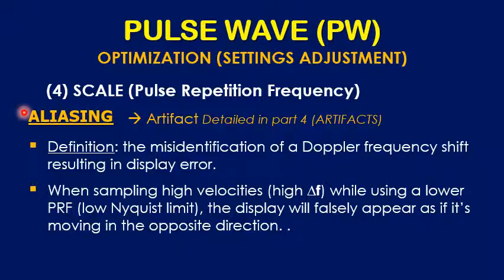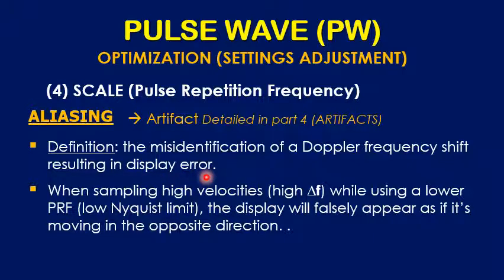But let's have some points about aliasing here. By definition, what is aliasing? It's misidentification of a Doppler frequency shift. Why? Because we have a lower scale. What will this result in? This results in a display error. What does display error mean? The velocity will be displayed in the opposite direction.